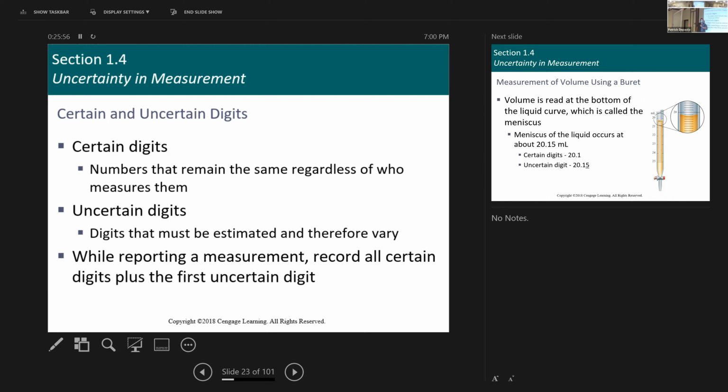That 0.2 or 0.8 is the uncertain digit. Another way I like to say it is you can estimate one place beyond the most precise tick mark. So if your tick marks are in the tenths, your actual measurement should be in the hundredths. So you can guess that extra digit. All right, I will show you what I mean.